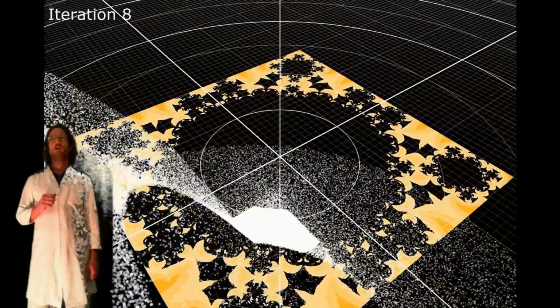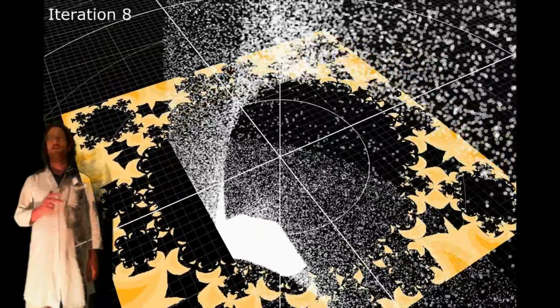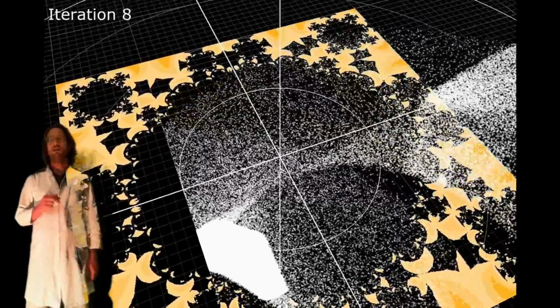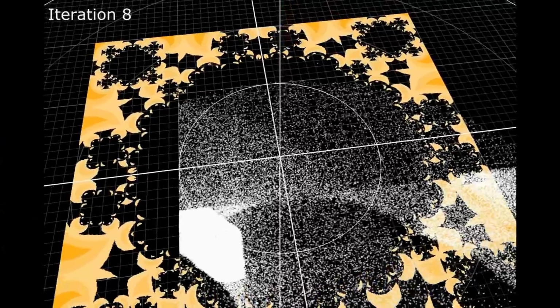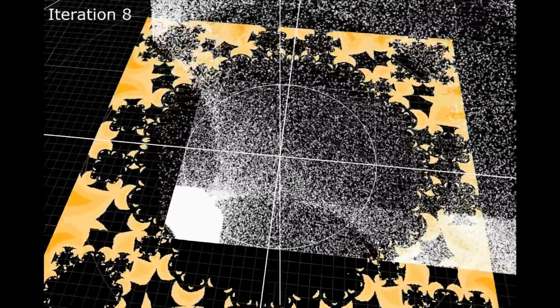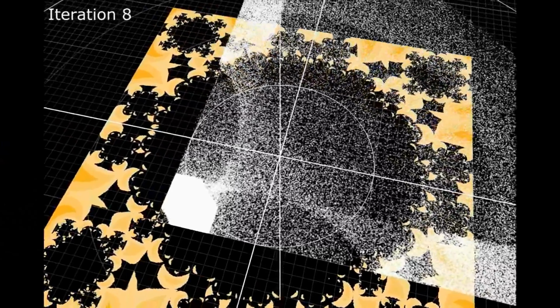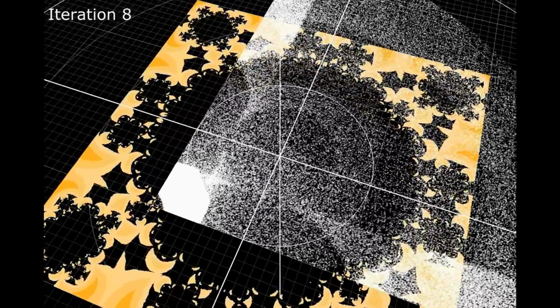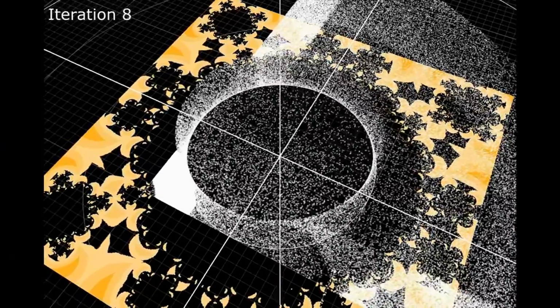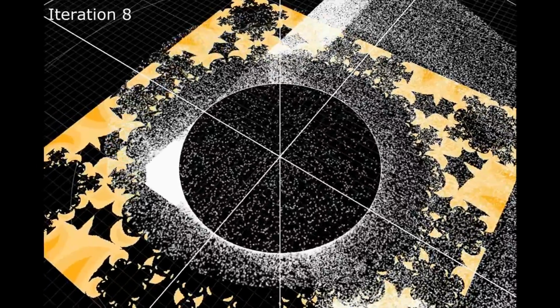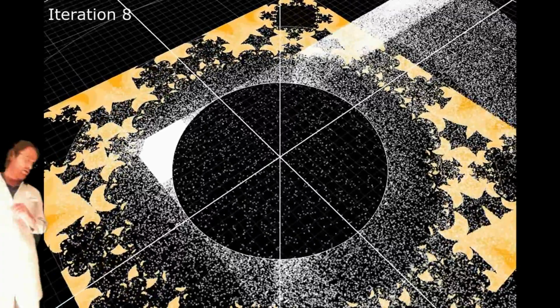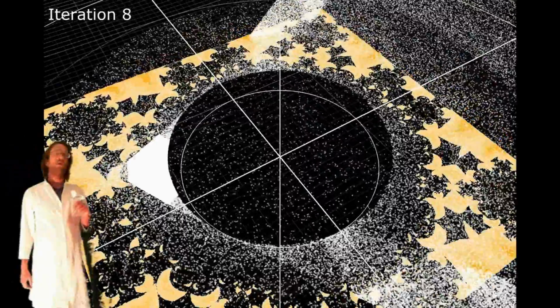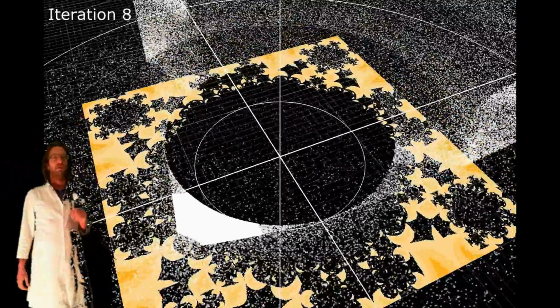The color of the first iterations are different shades of blue, moving to orange later on. The scaling of negative 1.5 is performed.